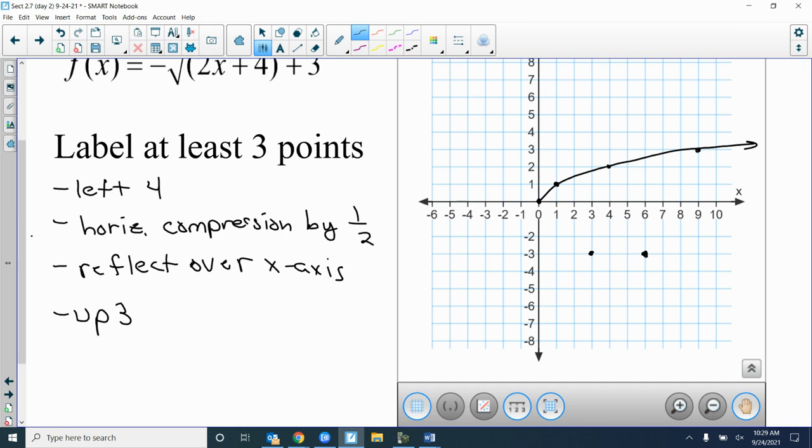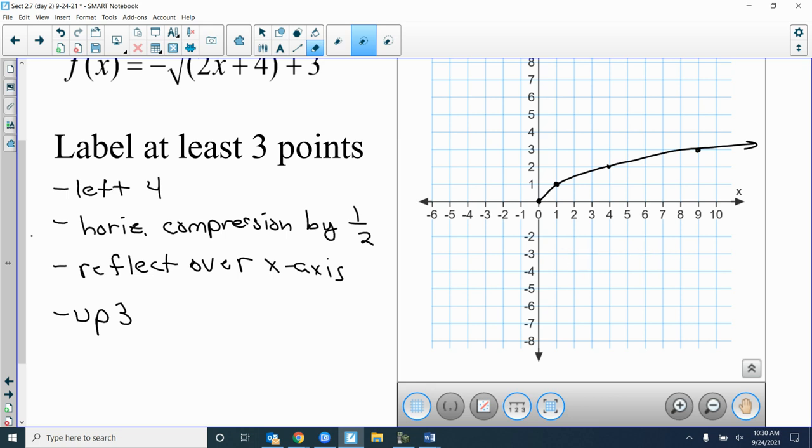If I compress the point 3, negative 3, by 1/2, it's going to go to 1.5. So it's going to go halfway towards the x-axis. If it's a stretch, then it's going to go away from the x-axis, but it doesn't move up or down. So it's going to compress in towards the x-axis.